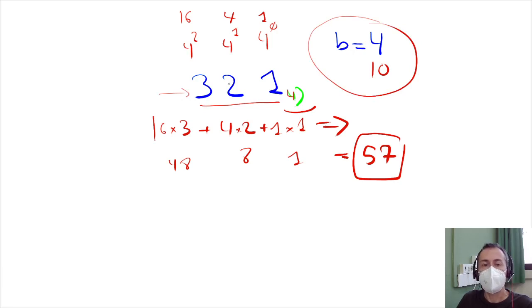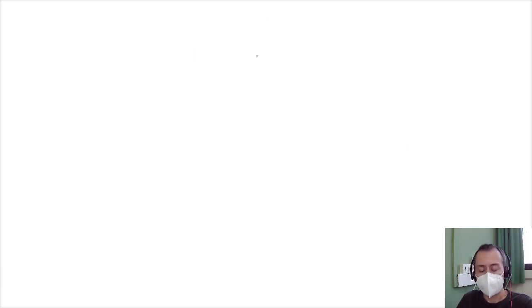Another important thing to know is how many different digits we will need to represent a number using a base. In the previous example, with base 4, let's imagine that we have two different positions. So this will be 4 to the 0 and 4 to the 1.